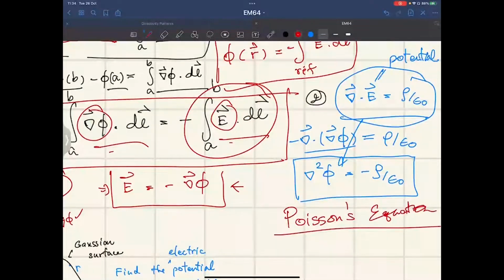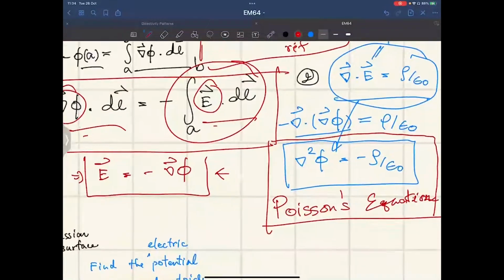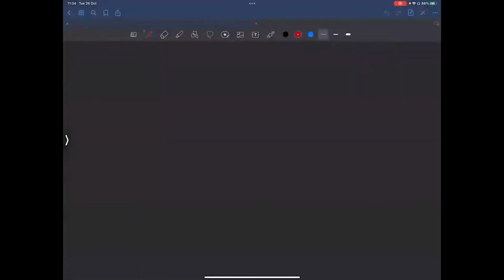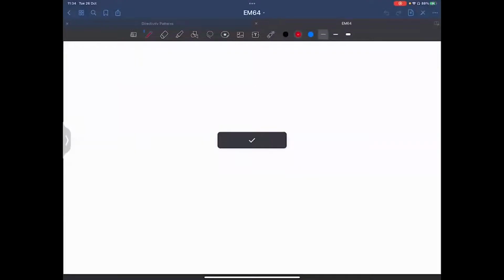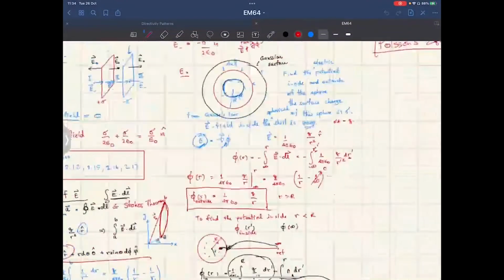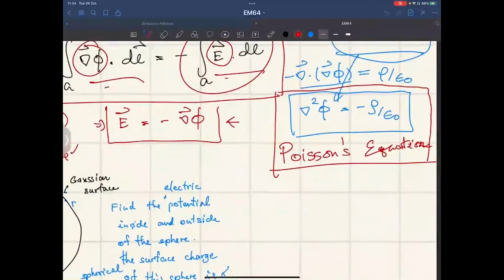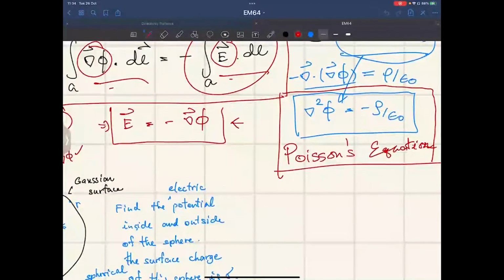Okay, this thing is the Poisson equation. How about the Laplace equation? The Laplace equation is the Poisson equation in free space.